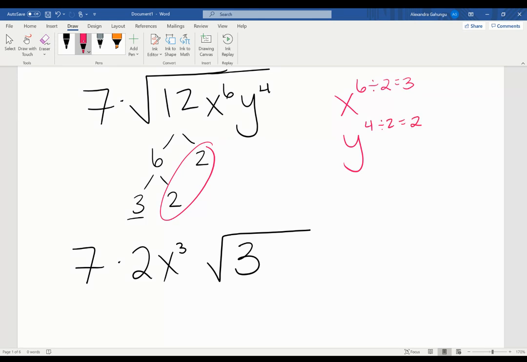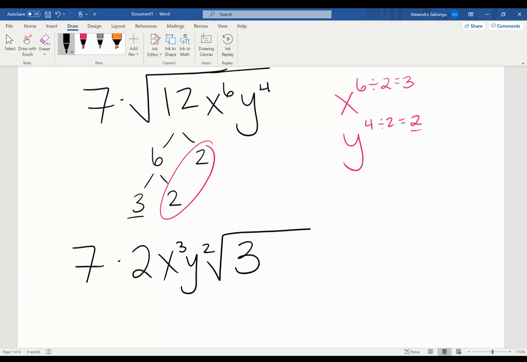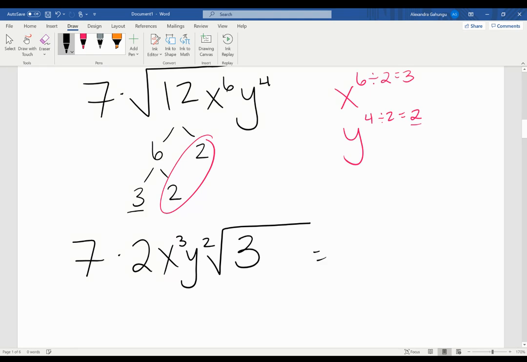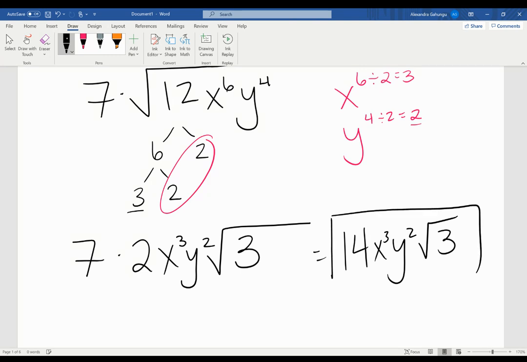So that means 2 y's are going to be able to leave the house. So my final answer, I'm going to multiply 7 into 14, x cubed y squared with a 3. That's the only one that stayed in the house. We'll do one more example like that.